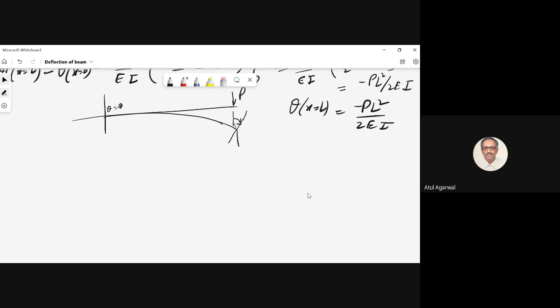Main thing is rotation, bend, deflection, strain energy, stresses. Now what was your stress? Sigma xx is equal to minus My by I. Now your M is P into (x minus L), so your stress becomes a function of position.